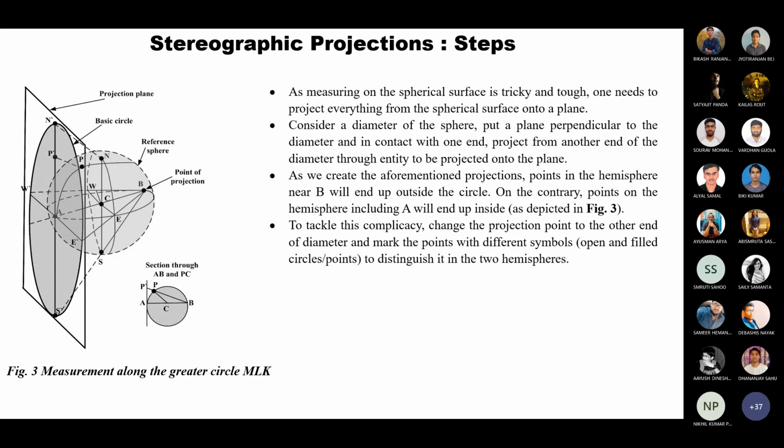You just change the pole, and then both will be inscribed, and you have to identify these two things differently, then you have to go for different symbolization. That may be an open or filled circle or points to distinguish among them. Okay, so those are the basic, fundamental steps for drawing a stereographic projection.